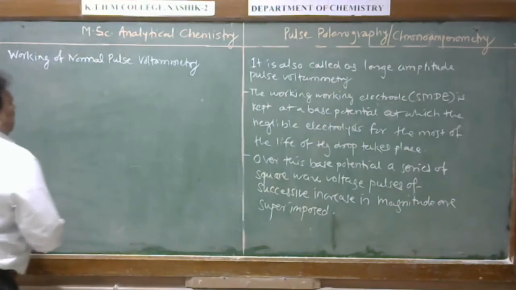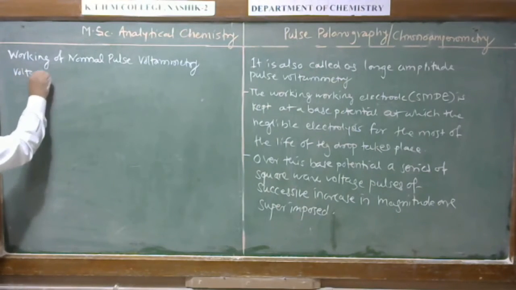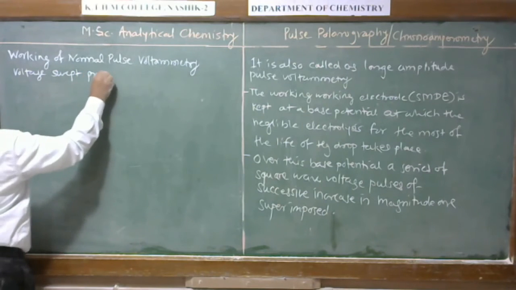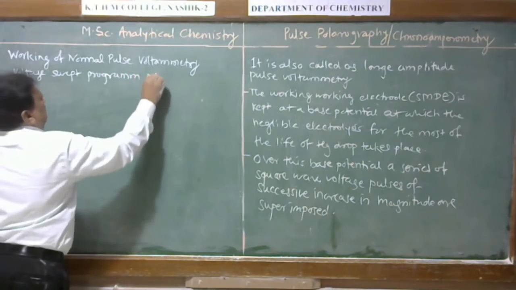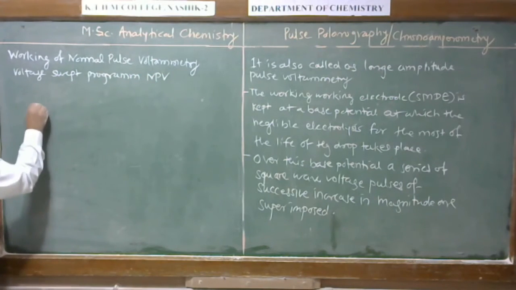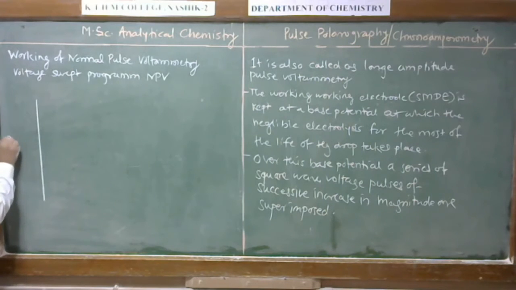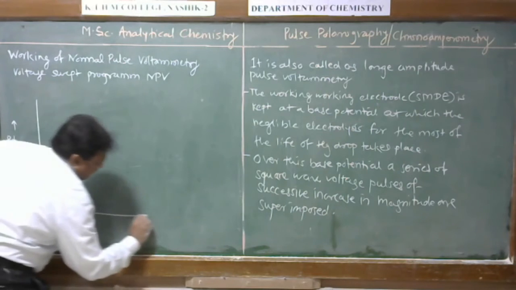Now, if we see the voltage sweep program, it in normal pulse voltammetry is like this. This is potential, denoted by the letter E in millivolt, versus time.